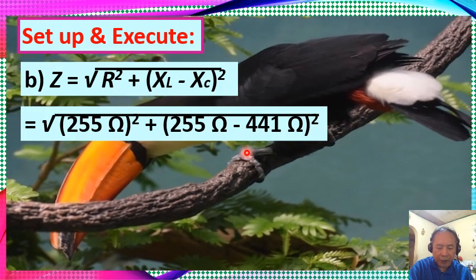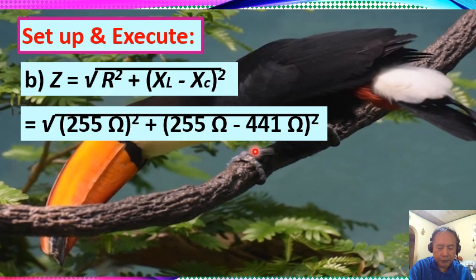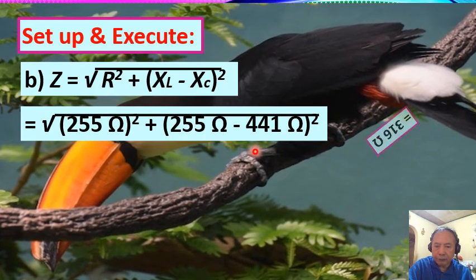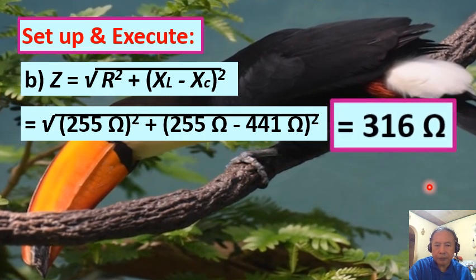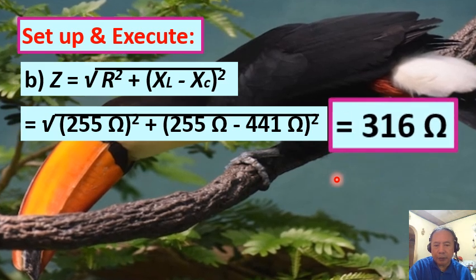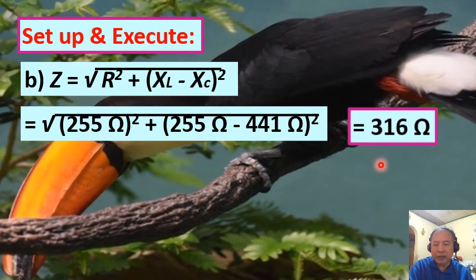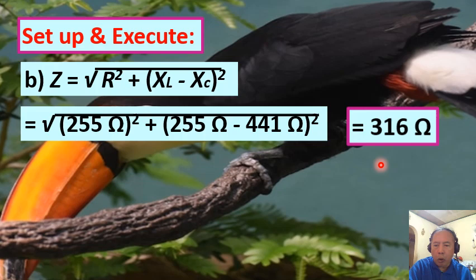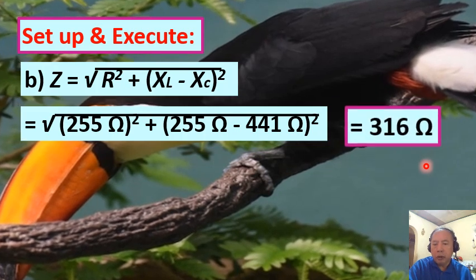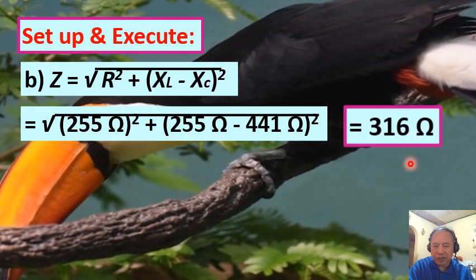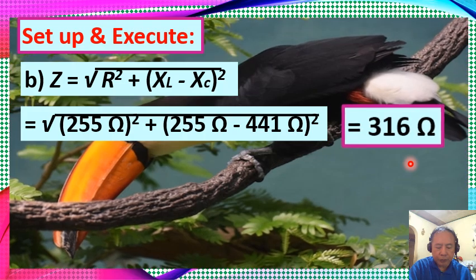So when we simplify, we get the value of the impedance, capital Z, equal to 316 ohms, also rounded to 3 significant figures.